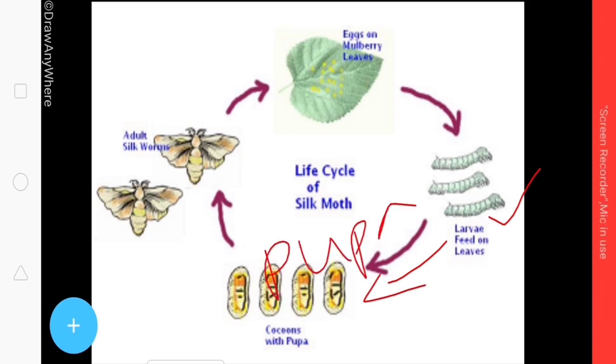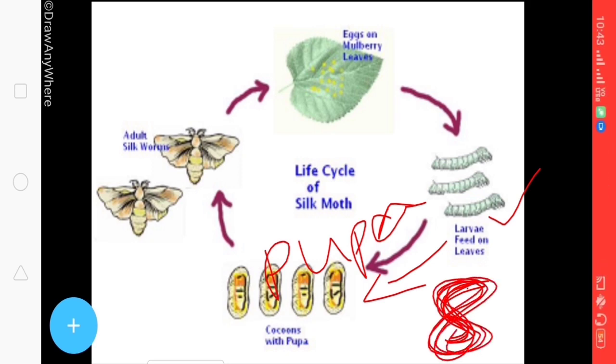P-U-P-A, pupa. This pupa first weaves a net to cover itself. Then the caterpillar swings its body in a figure 8, just like the number 8. There is a body movement in them.